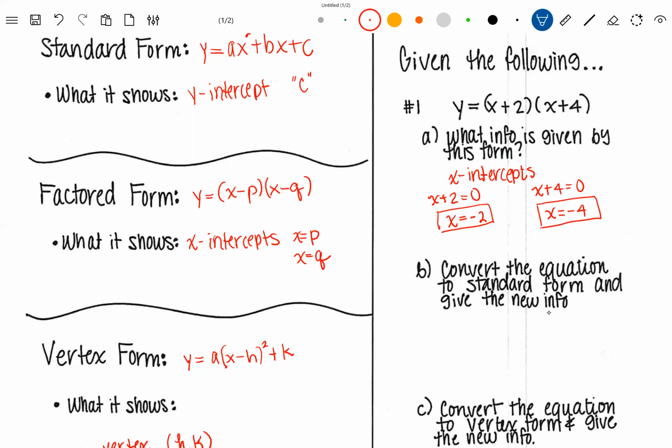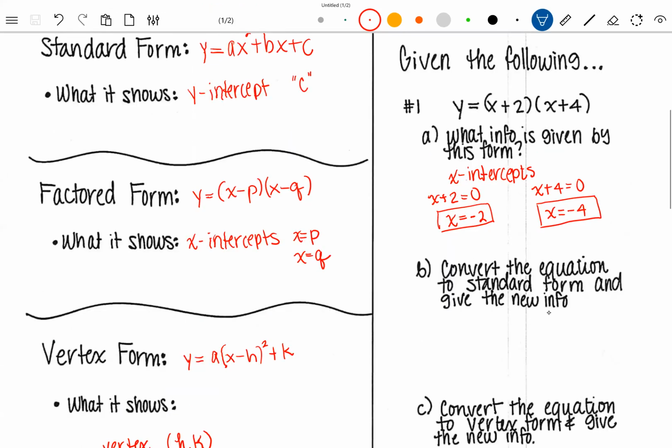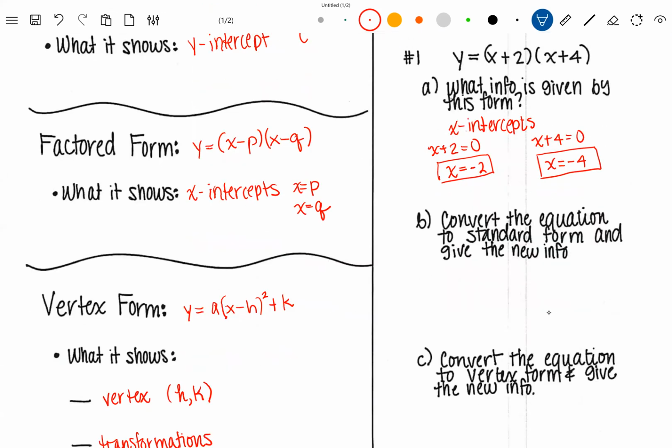B says, now convert the equation to standard form and give the new information. Okay, so standard form is what happens when I distribute and combine like terms. So I'm going to start with the factored form, (x plus 2) times (x plus 4). So x times x is x squared, x times 4 is 4x, 2 times x is 2x, and 2 times 4 is 8.